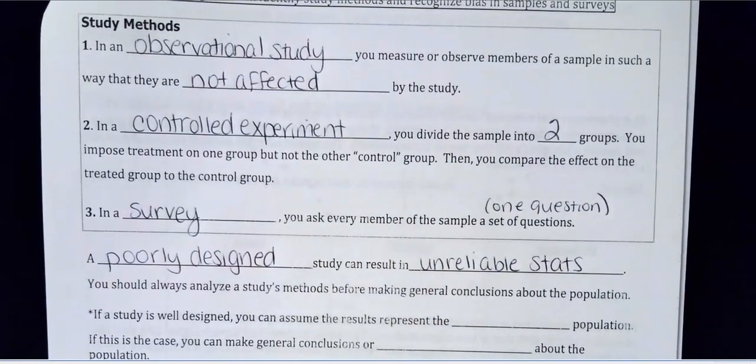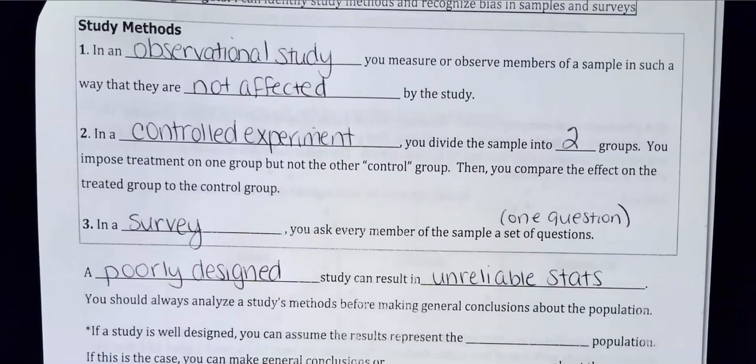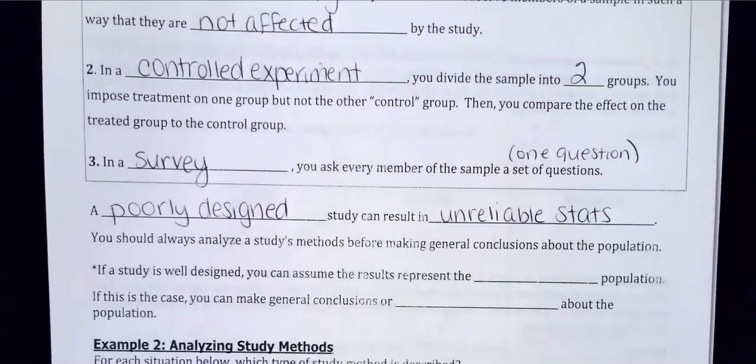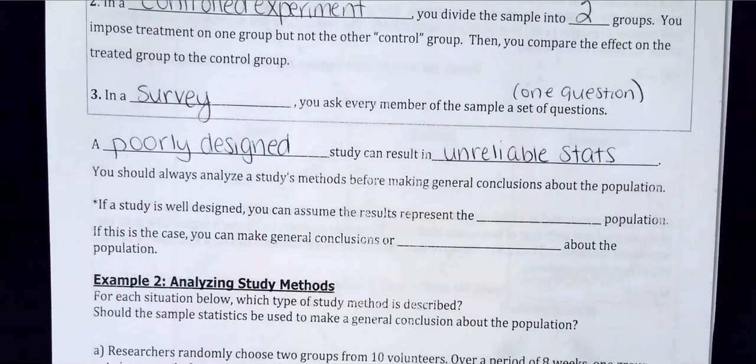I'm just going to abbreviate that. If we don't do a good study, we can't really use the results to make any kind of conclusions about anything. All right, so we got to decide if we did a good job setting up our study to decide if the results are actually worth looking at or applying to a general population.